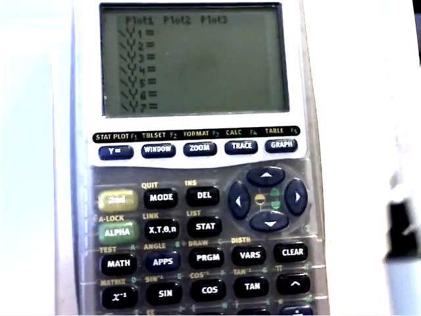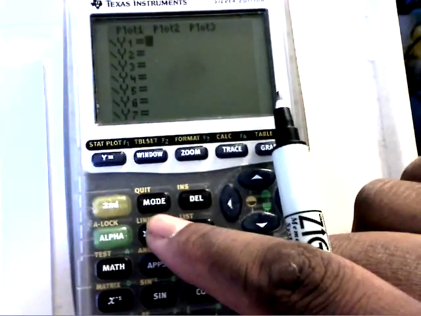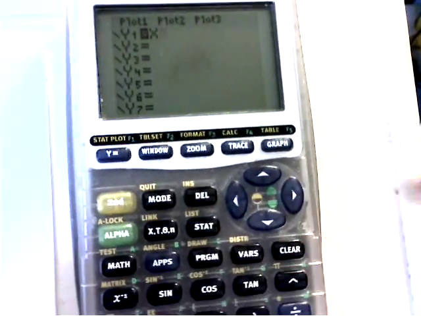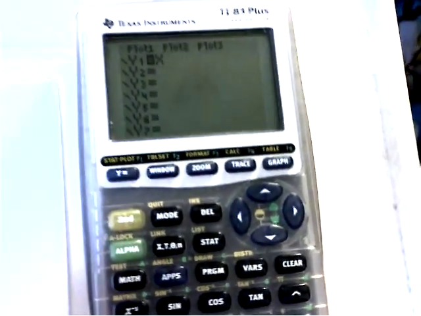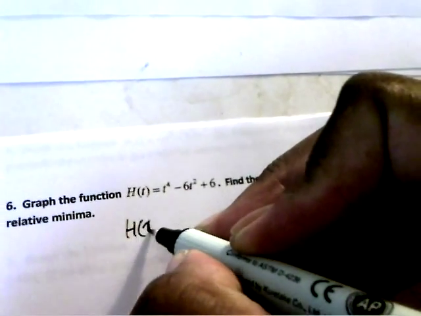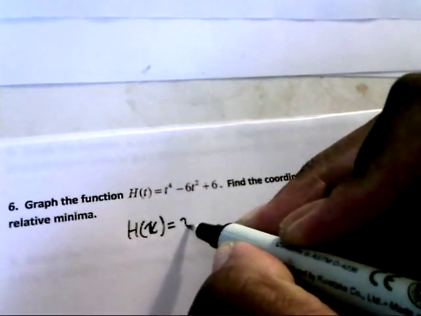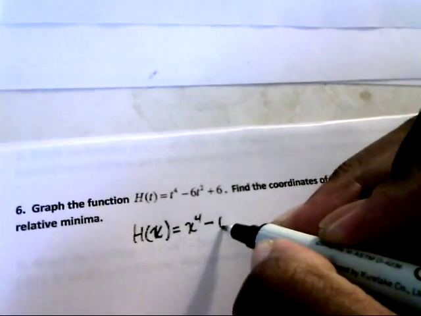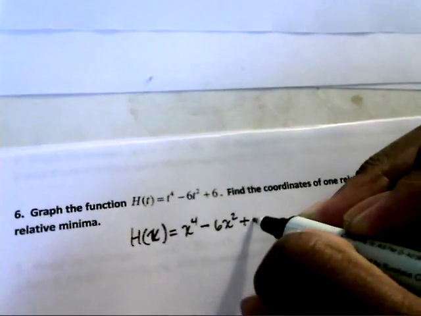Now, let's enter t to the 4th. Well, the t is like an x, so let's just say x. Now, if you want to, you can change this to h of x equals x to the 4th minus 6x squared plus 6.